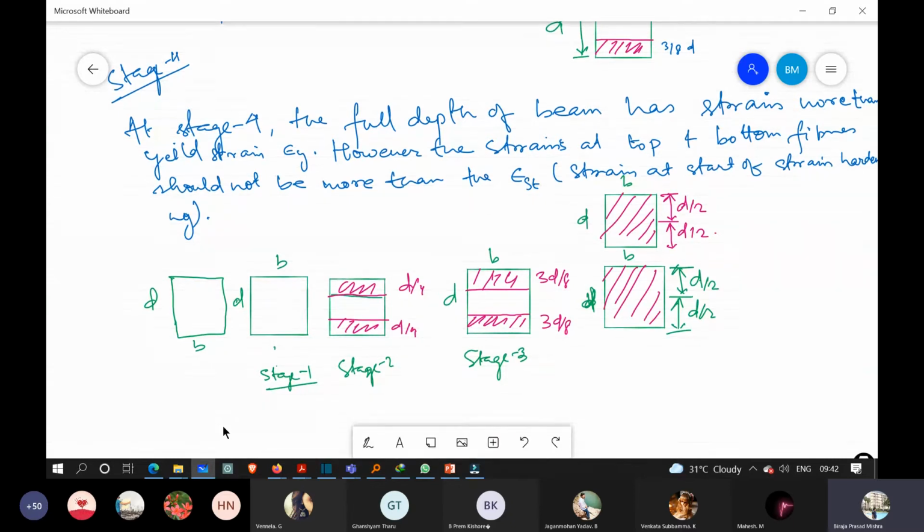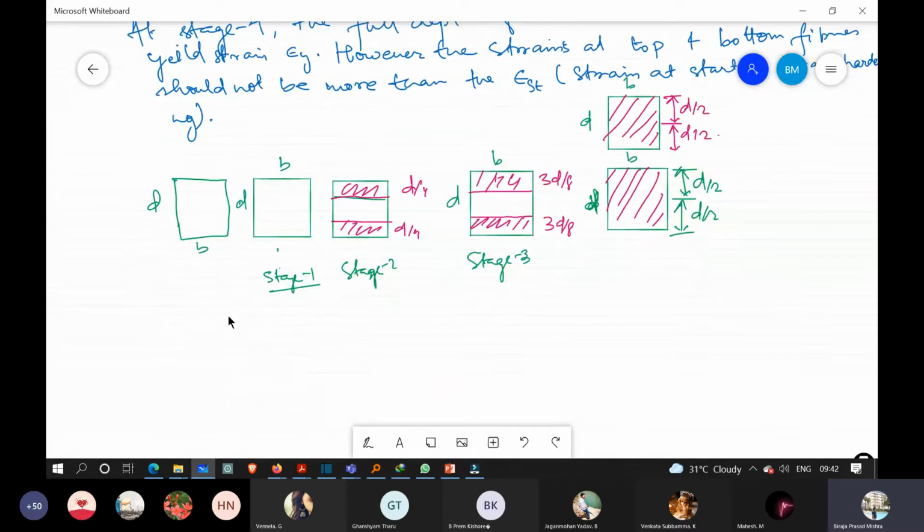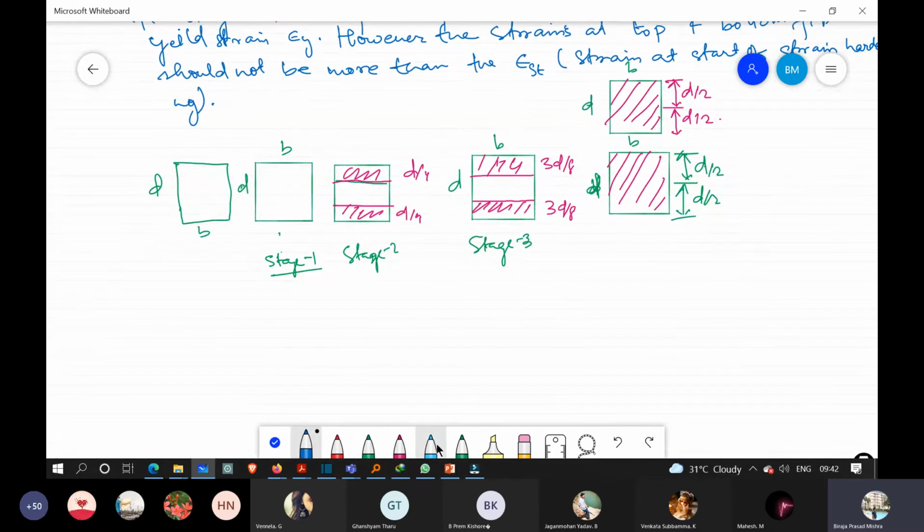Now if we talk about the strain distribution, at stage 1, I am writing this as strain distribution. So how the strain is distributed, please check here. Strain will be distributed like this for stage 1.